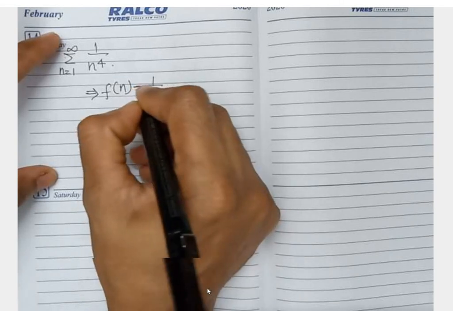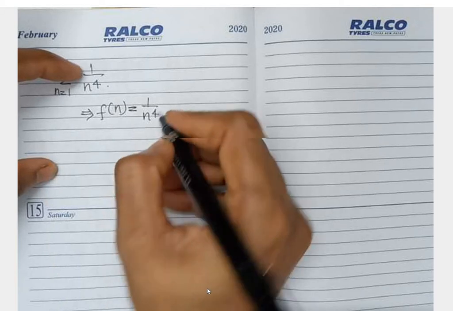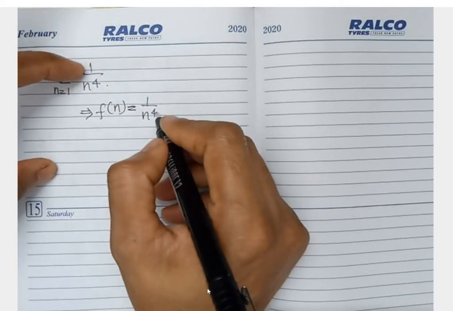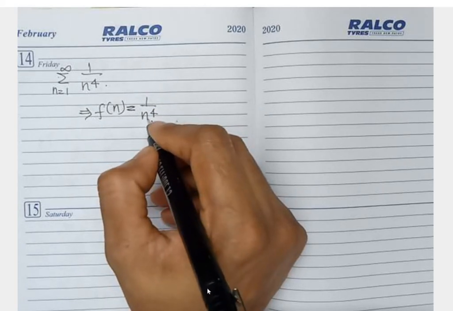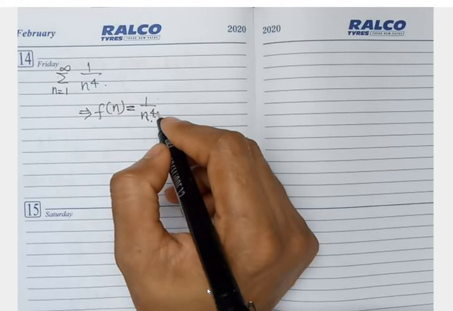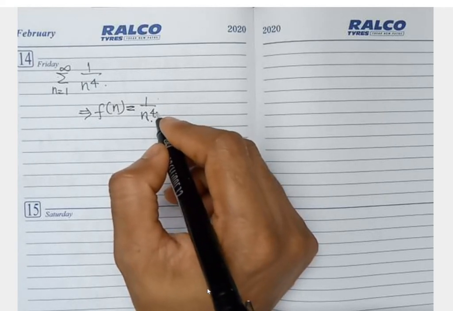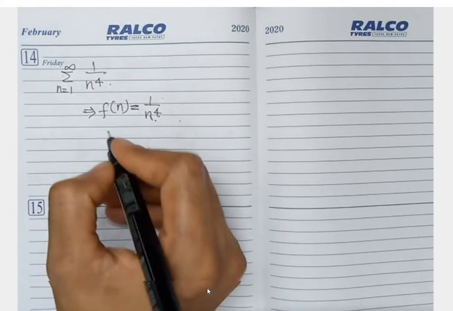This is positive and decreasing: when n is increasing, 1 by n raised to 4 is decreasing. And this is continuous, a polynomial-type rational function. So we can apply the integral test.